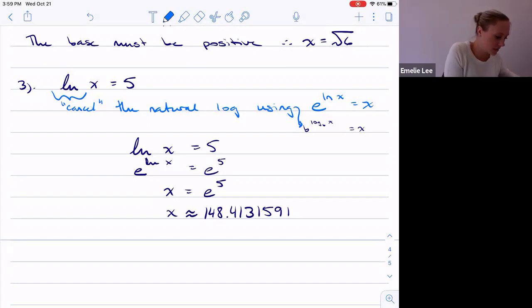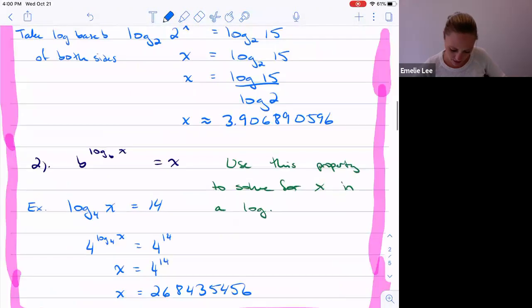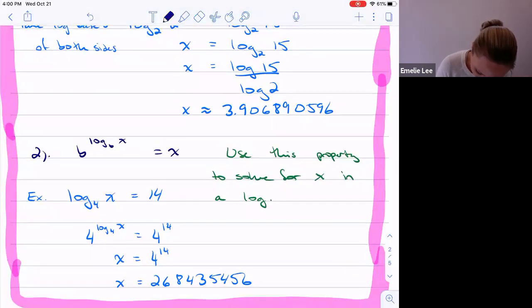I just realized I forgot to add a quick note to that fundamental property. We've already talked about it, but if you go back to your fundamental property, here on the second property, I want to add that x is greater than 0.